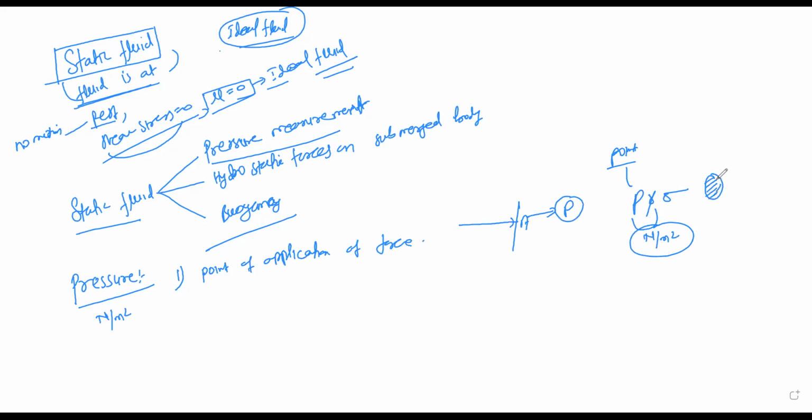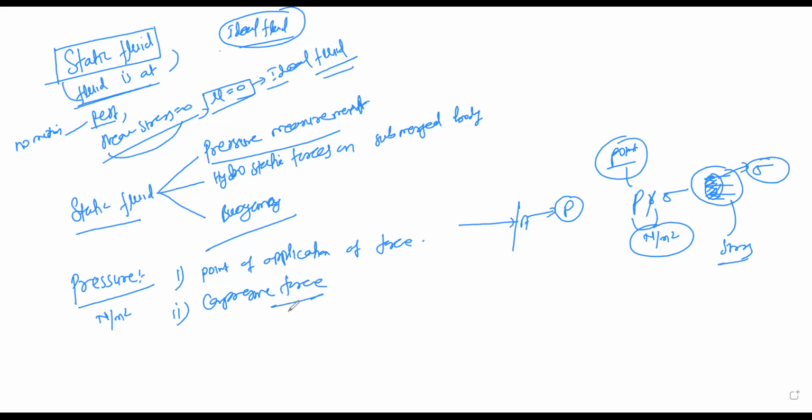The force should act on the whole cross-section area, and due to that, stress will generate. In stress, the force could be tensile or compressive, but in pressure, the force will always be a compressive force.